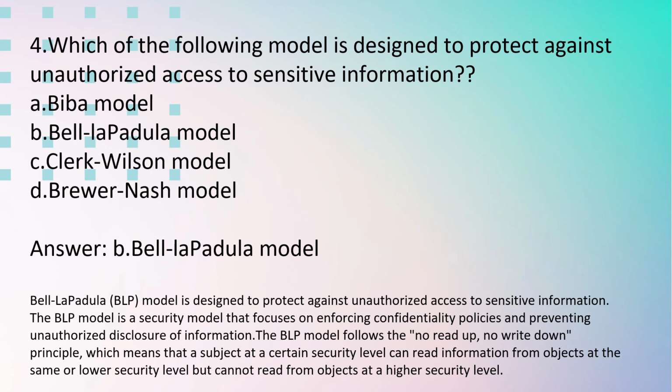The Bell-LaPadula model is a security model that focuses on enforcing confidentiality policies and preventing unauthorized disclosure of information. The BLP model follows the no read up, no write down principle, which means that the subject at a certain security level can read information from objects at the same or lower security level but cannot read objects at a higher security level.